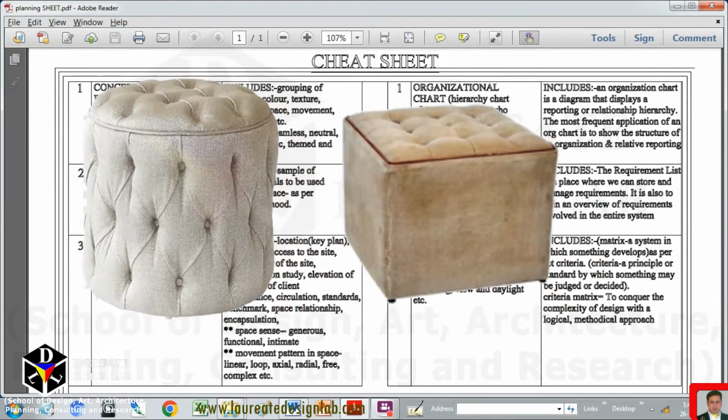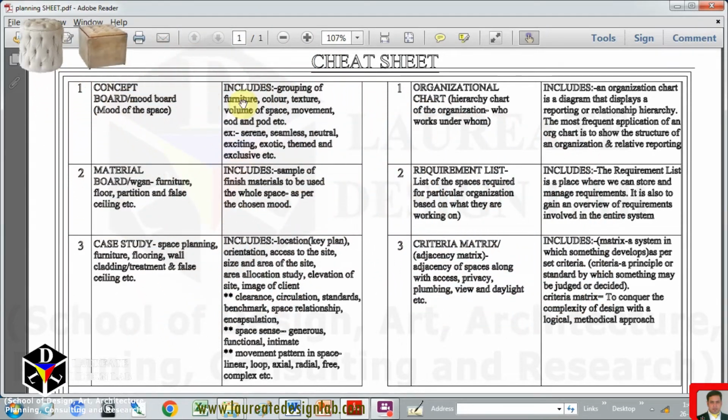You may have puffies. So these all actually come under one category, one cluster. So grouping of furniture is what you'll have to include in your mood board if you are doing the living room.